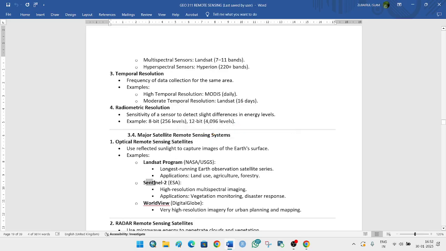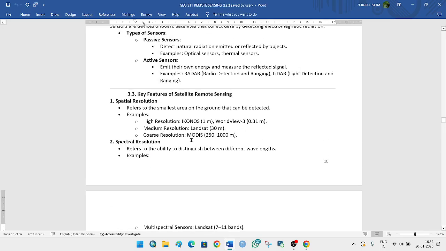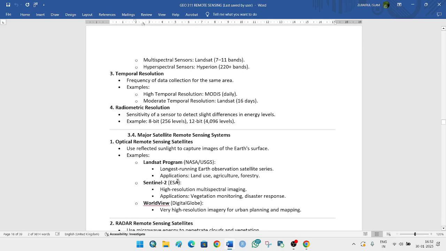Then comes to the Sentinel-2, which is ESA. It's a high resolution multispectral data. We have seen it. Landsat is how much? Landsat is 30 meter, while Sentinel data is 10 meter. So this is relatively high resolution multispectral imaging data.